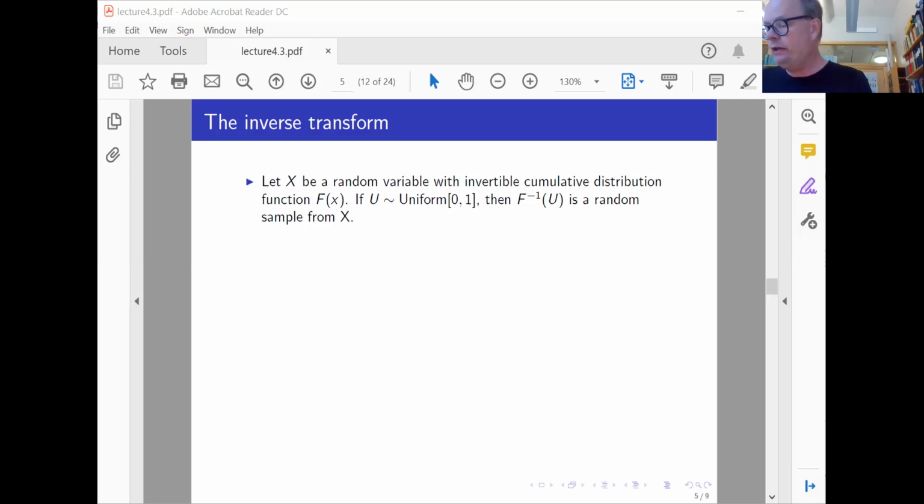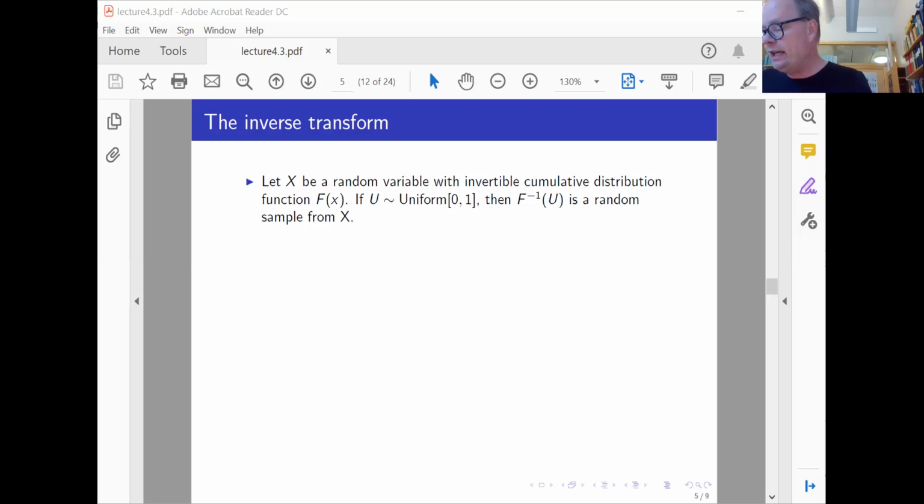Then if you simulate uniformly along this line here, and this is the F function, and then you take the inverse of that one. That means that you start here and you get to the inverse of, so sorry, this should be F of x, and then this is u, and then this would be F inverse of u.